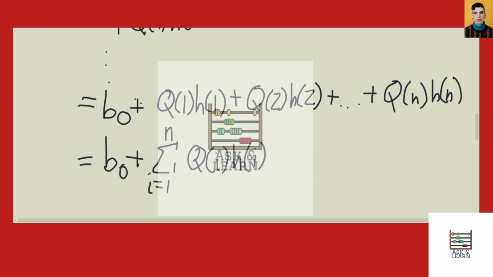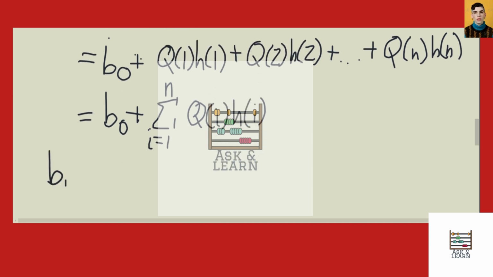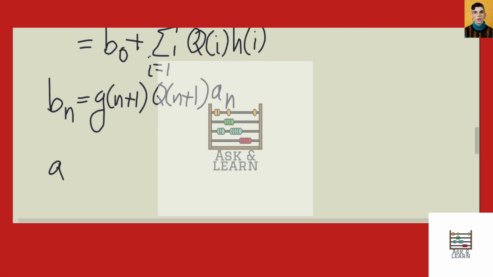And recall how b of n was defined. So we said that b of n is equal to g of n plus 1 times q of n plus 1 times an. And so if we solve this for an in terms of bn, we get that an is equal to bn over g of n plus 1 times q of n plus 1.